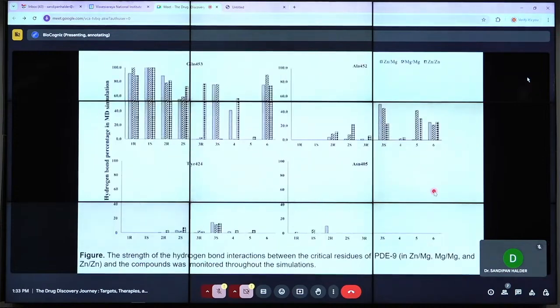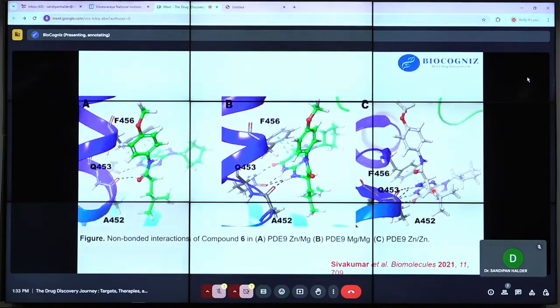So we have carried out another study on the significance of the metal systems and particular combinations, and what the key crucial residues are that play an important role in binding of the ligand in particular metal systems. We found the key crucial residues and the non-bonded interactions for the different cases and metal systems.